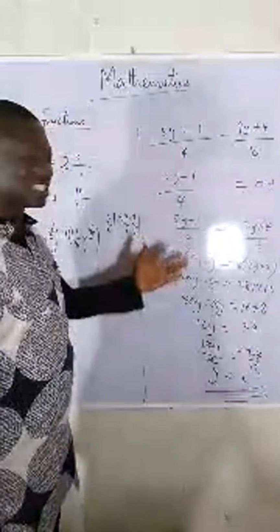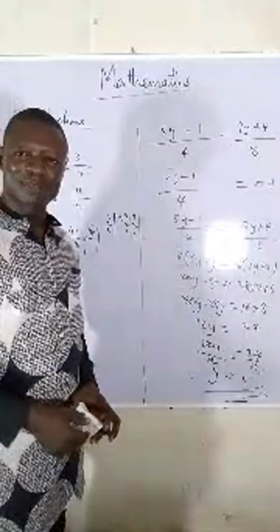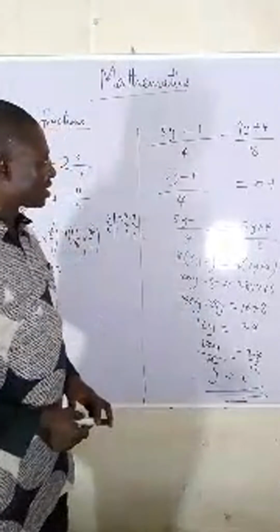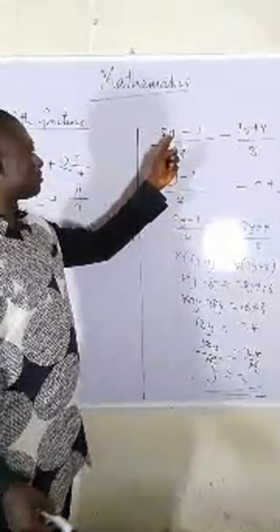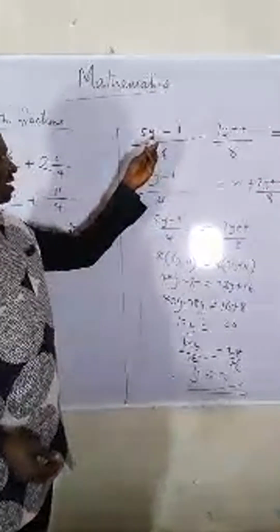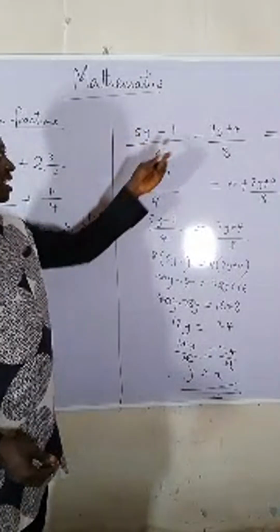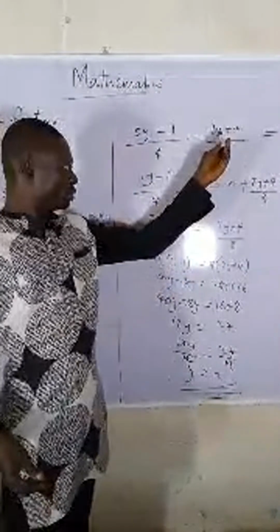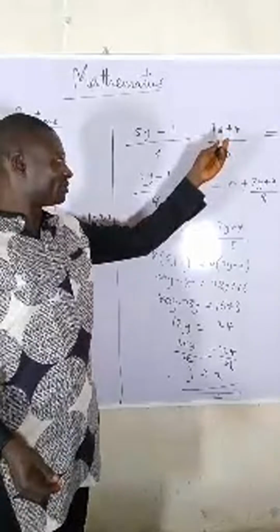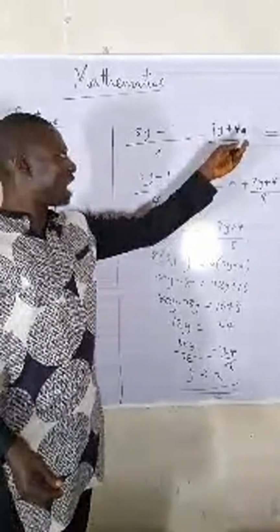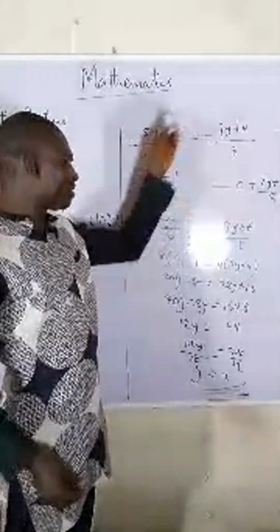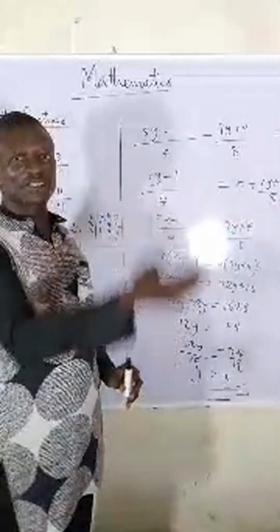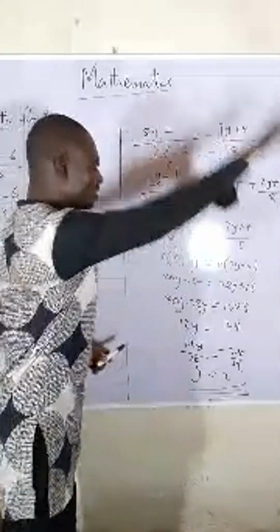Please, I want you to check this and get back to me in the comment section. Put the value of 2 here. When you put 2 here, 2 times 5 is 10. Take away 1. Put 2 here, 2 times 7 is 14. Add 4 to it. Take the whole of this expression from this. You're actually going to get 0, which is on the other side.